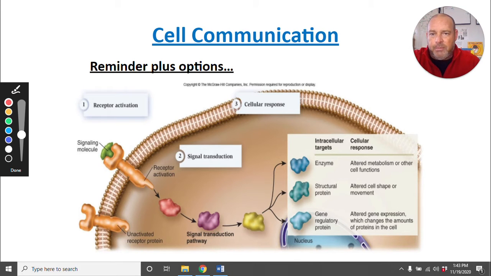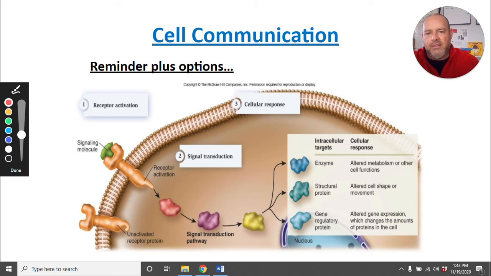So remember the three phases. You have the receptor activation, which happens out here. Then you have the signal transduction, which is kind of a cascade, a cascade of events, where it's kind of like playing that telephone game where you pass the note. And so the signal just keeps getting passed from one molecule to another.